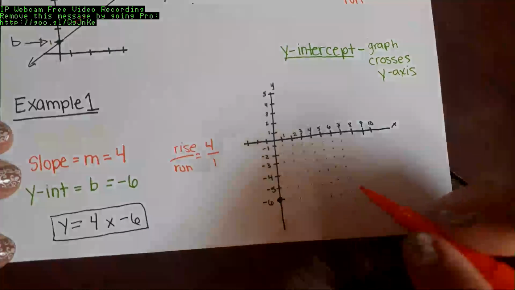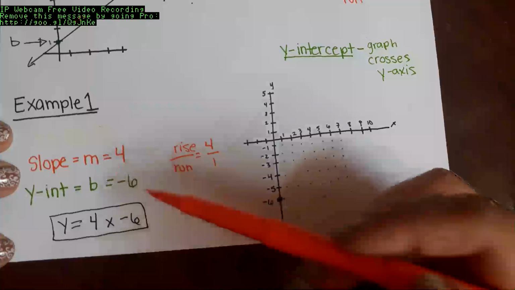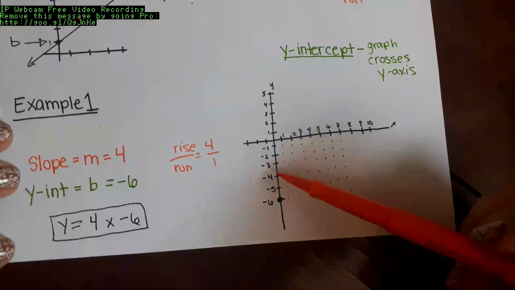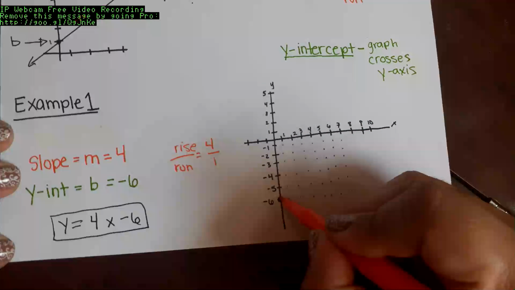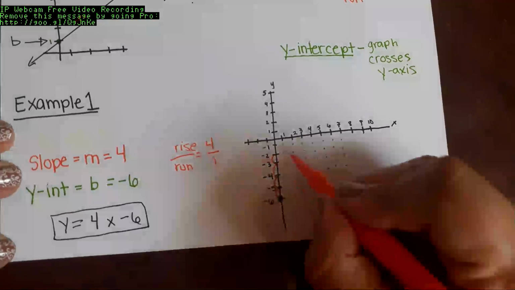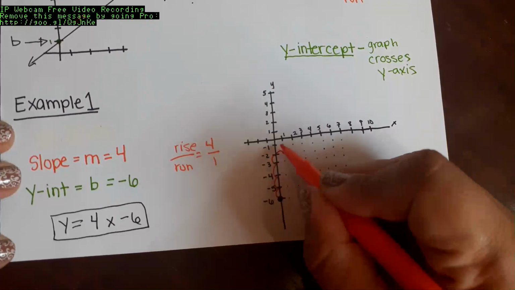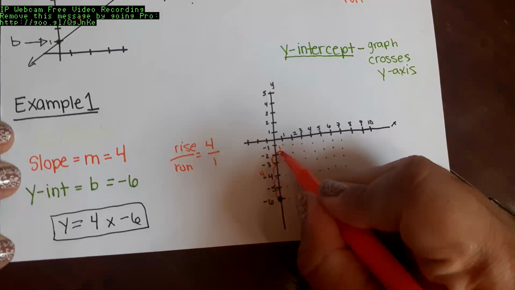So I'm going to rise 4 and run 1. And since my slope is positive, I'm going to rise and run in the positive direction. So I'm going to rise 4, 1, 2, 3, 4, and I'm going to run 1 in the positive direction. And that's where a point is going to go.